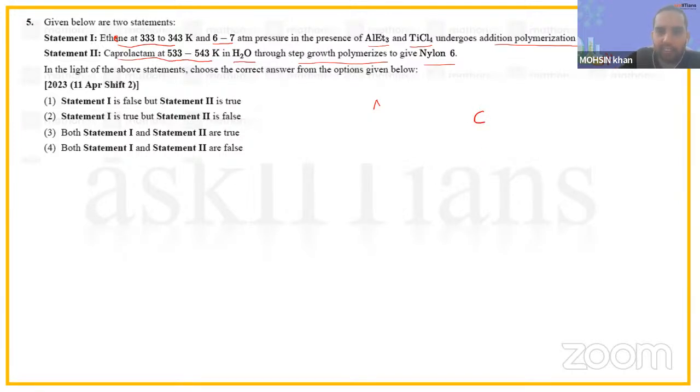C double bond O, N, H, and 1, 2, 3, 4, 5, 6 carbons, C double bond O, N, H. Yes.